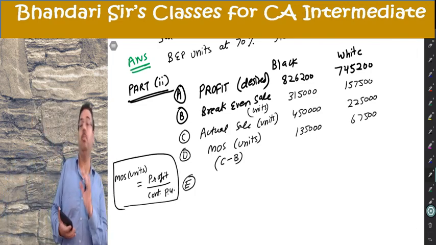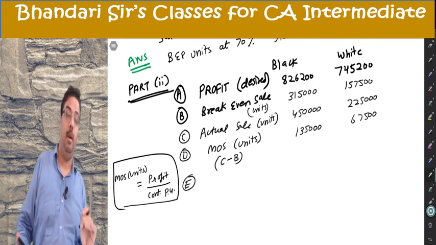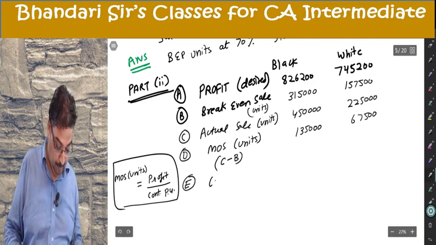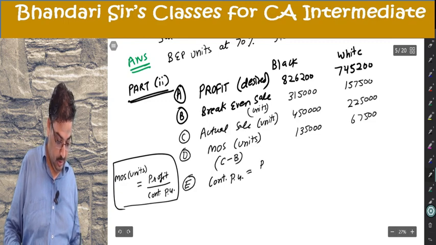Concentrate on basic formulas. If you recall them, you will be able to apply them. From there I can compute contribution per unit, which is equal to profit divided by MOS in units.